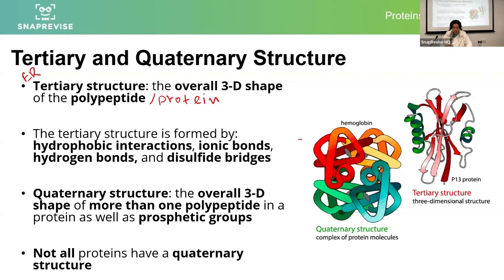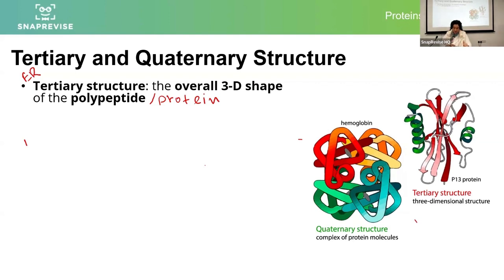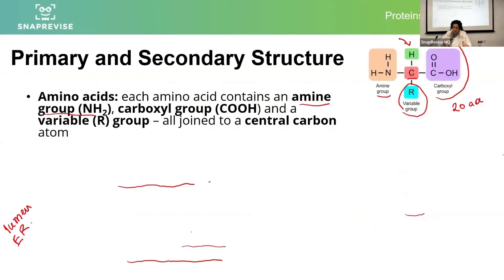Our tertiary structure is held together by a list of intermolecular forces that you have to know. These are hydrophobic interactions, is one. What do hydrophobic interactions mean? The variable R group here can be hydrophilic, meaning it interacts with water.